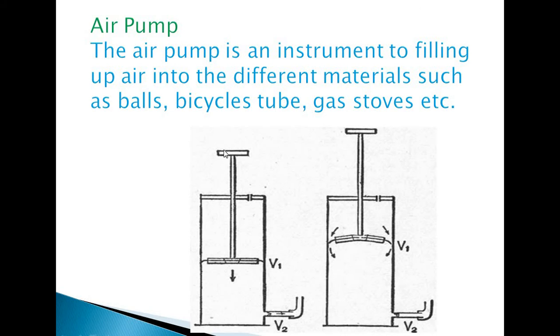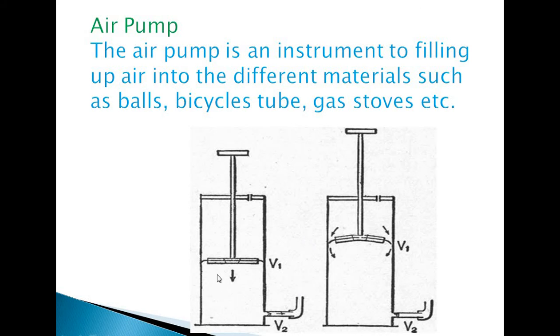And when we push down, it is a pushing down action. When we push down, the air inside the cylinder goes through the valve tube, through the pipe to the tube of bicycles or valves.